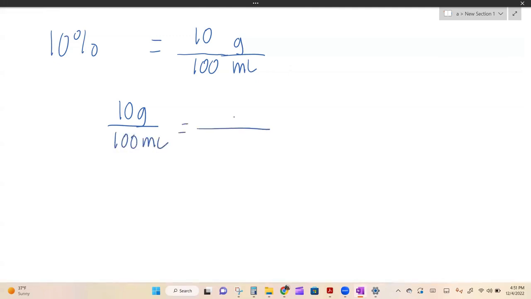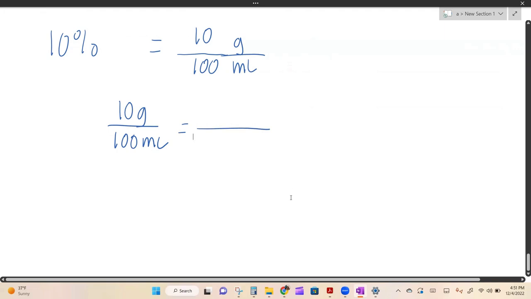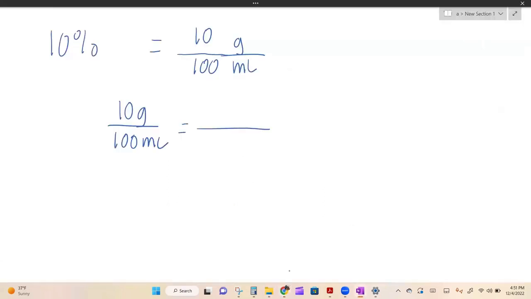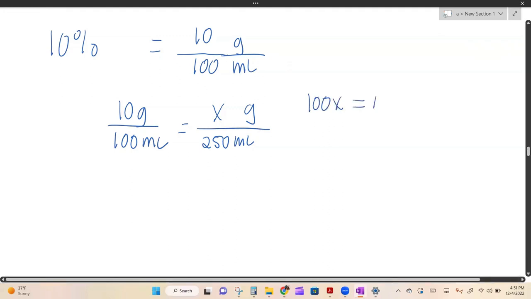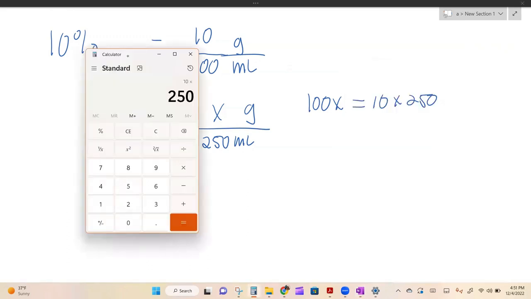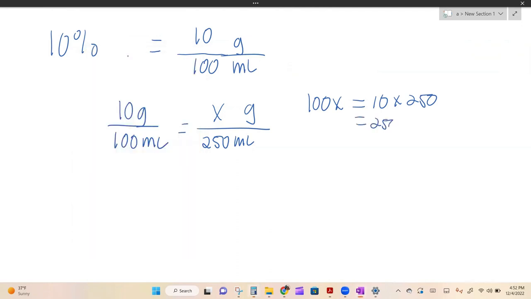Most of the IV bag fluids are going to be in percentages, so these are really what you're going to be calculating for the most part. If we look at the order, they want 250 ml and they want to know how many grams. So 250 ml will go down here because we want our units to be directly across, and our X grams will go there. So we would do 100X is equal to 10 times 250. 10 times 250 is 2,500.